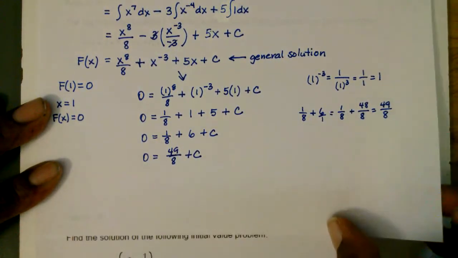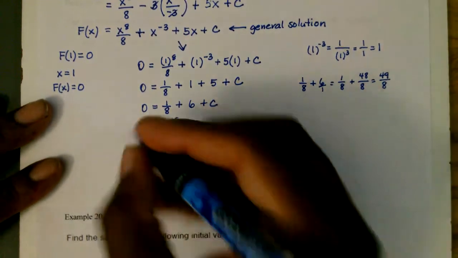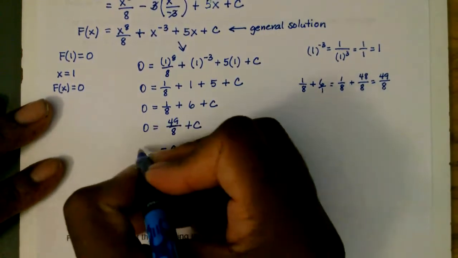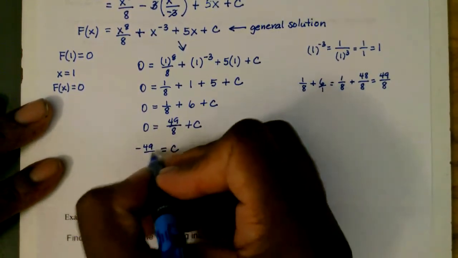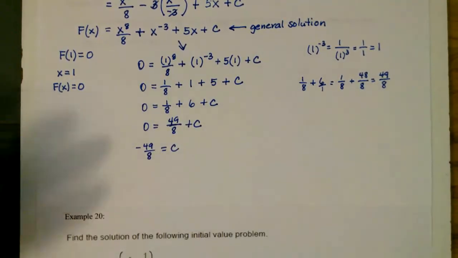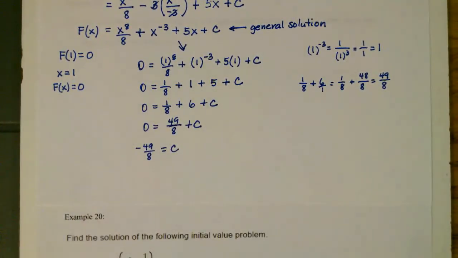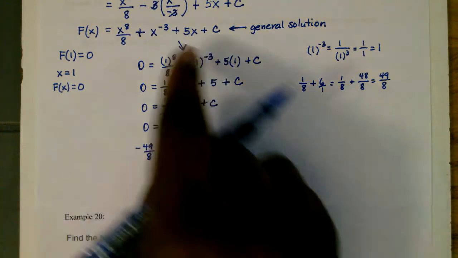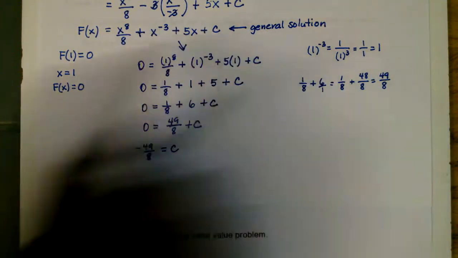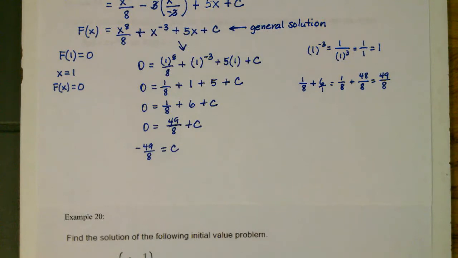So I have 0 is equal to 49 eighths plus c. And to solve for c, if I move that 49 eighths over to the other side, it would be negative 49 eighths. So the constant would be, I mean, negative 49 eighths. So now I go back to my general solution up here and just substitute the constant c with negative 49 eighths.